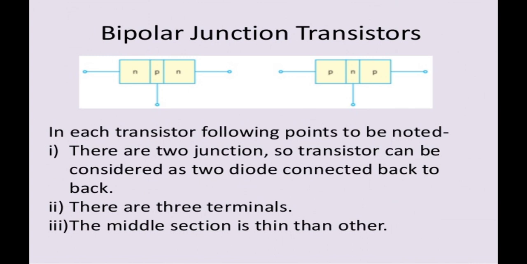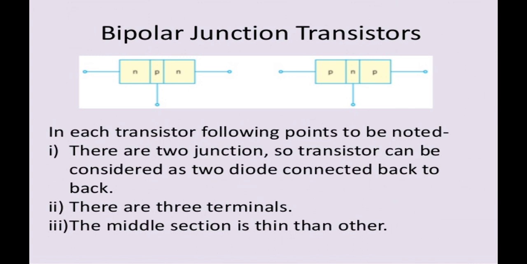See here in the second symbol diagram, there are two P type materials and one N type, with the N type material in the center.